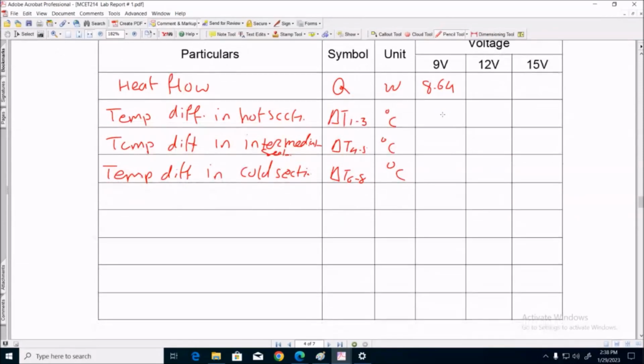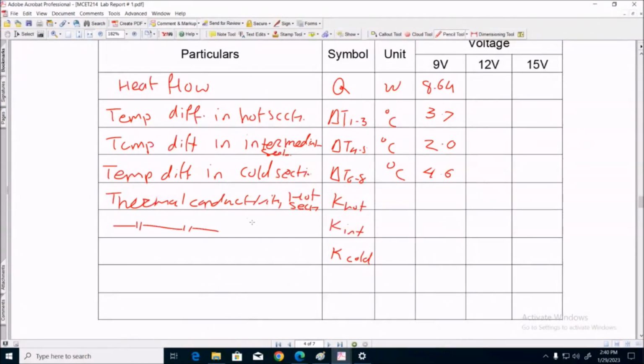You can transfer the answers 3.7, 2.0 and 4.6. Thermal conductivity, hot section K hot, K int and K cold. This is similar to what is given in the observation table, but we created it from the dimensions.